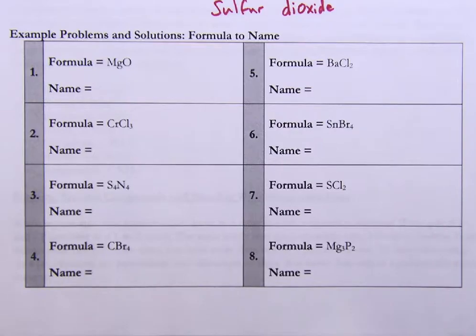If you want to pause for a second to try naming these compounds, go ahead. And in just a second here, I'm going to go over the answers. So pause the video, try to solve them, and see how you do.